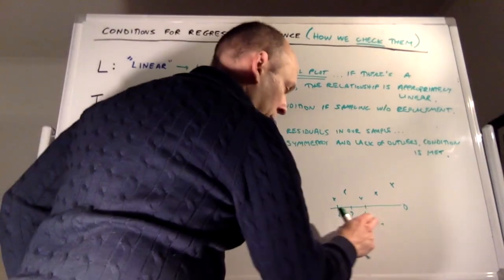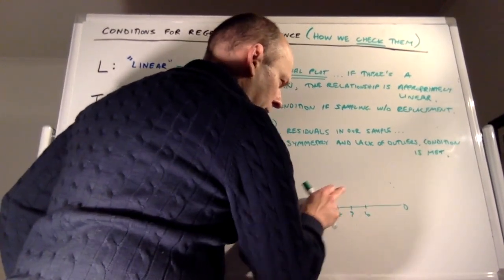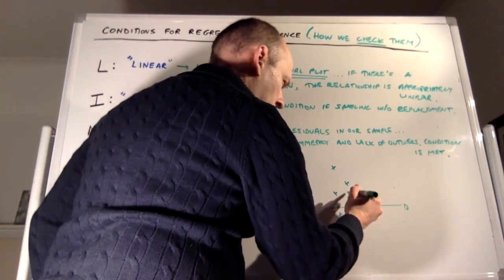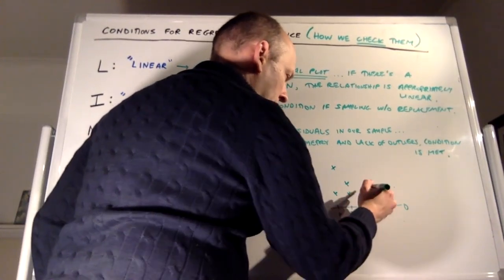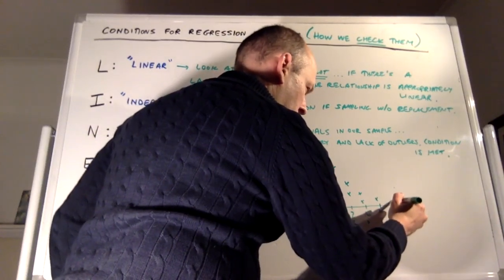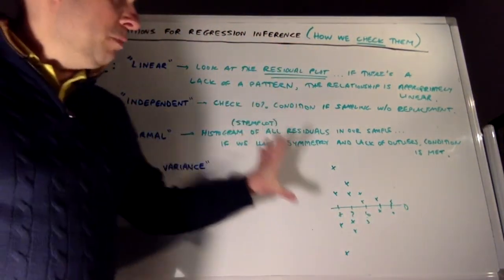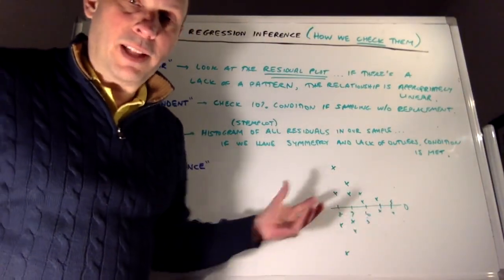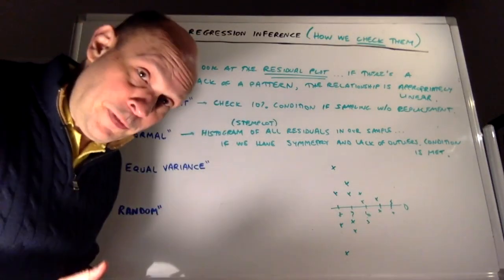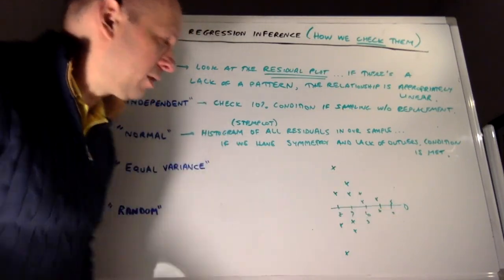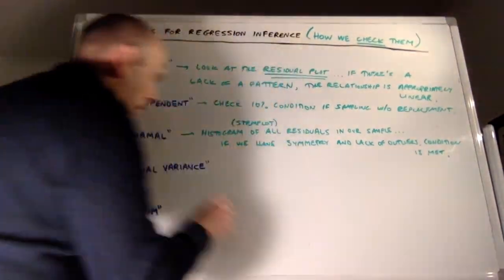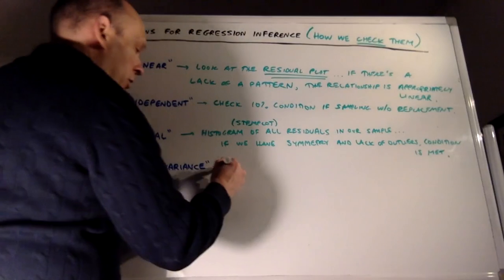However, if we looked at a residual plot and it looked like this, where we had a big spread at 8 and a not so big spread at 9, and then as we went further to the right, if we saw something like this in our residual plot, that would be bad, right? Clearly not equal variances. Not only that, they're actually decreasing as we go up. So we're not looking for perfectly equal variance at each X, but roughly equal variance at each X. So yes, we are going to take a look at the residual plot again to check this condition.